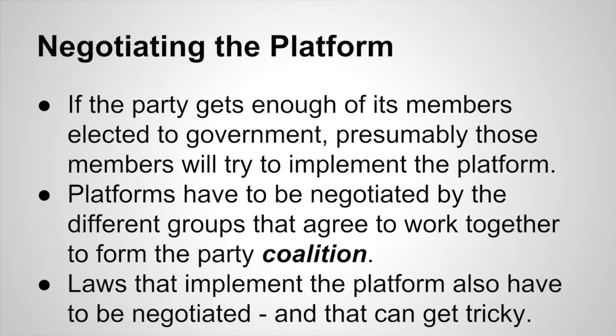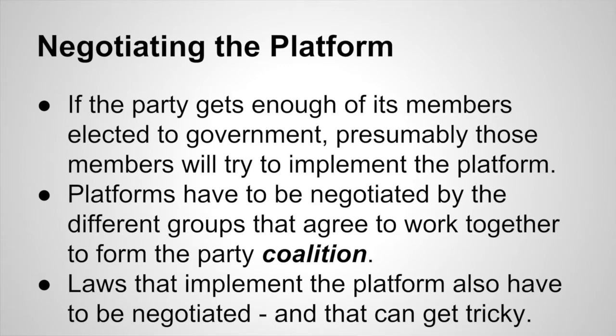But because all of these parts of the coalition want something, sometimes they all have their demands about what gets put into the platform. So the platform doesn't always perfectly match any particular candidate, which means that there's not a guarantee that if I elect Bob the Democrat to the Senate, that Bob the Democrat is going to automatically support everything that's in the Democratic platform.